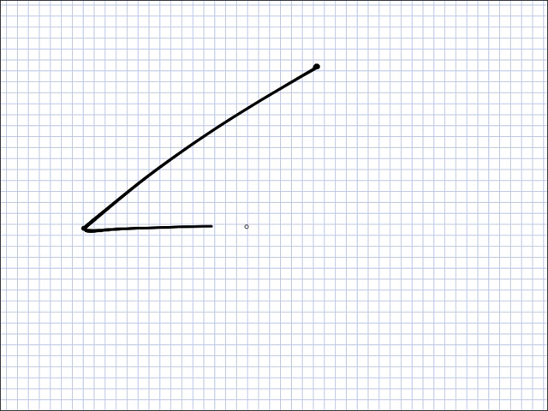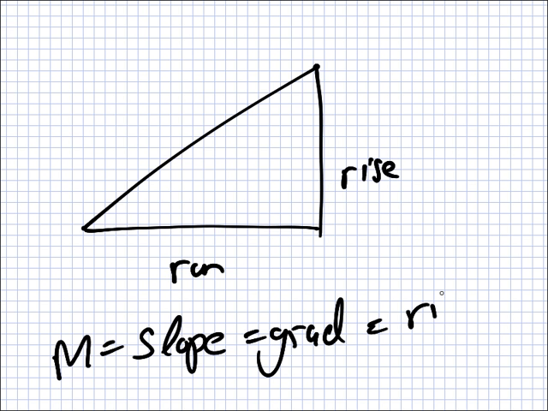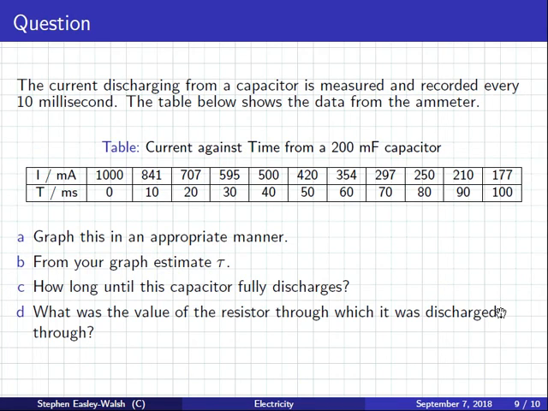This is called the run, and this is called the rise. And the slope, the m, is also called the gradient. And that's the rise over the run. Are you sure? Okay, I trust you. Right, next.